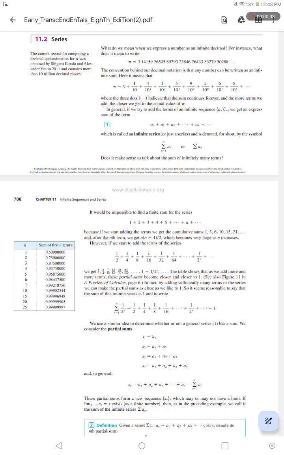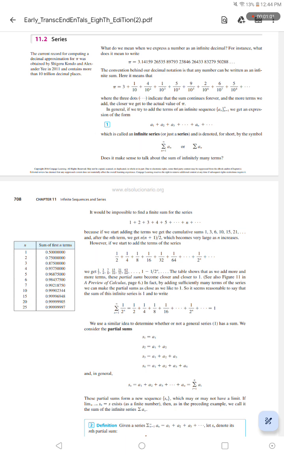What do we mean when we express a number as an infinite decimal? For instance, what does it mean to write pi = 3.14159 and so forth? The convention behind our decimal notation is that any number can be written as an infinite sum.